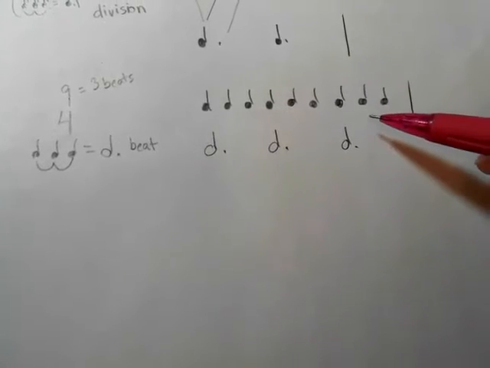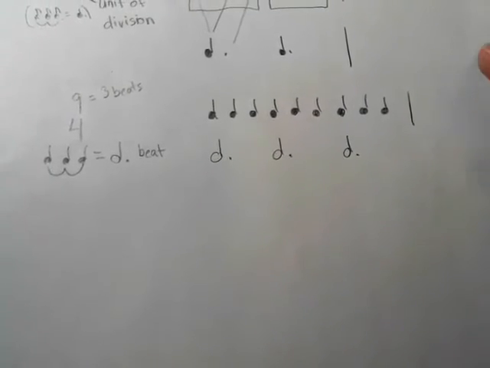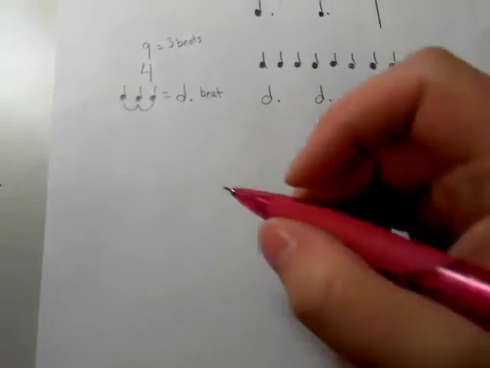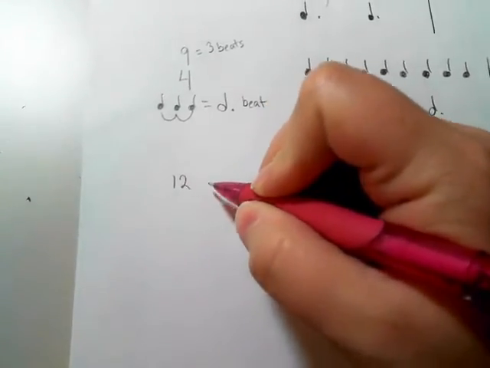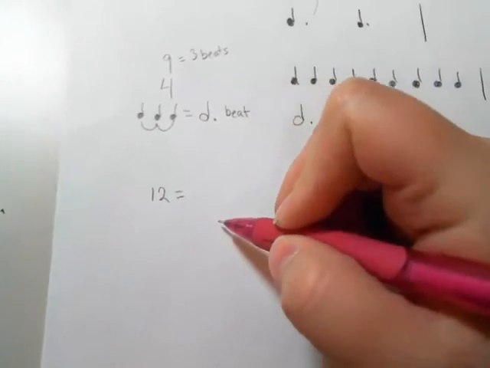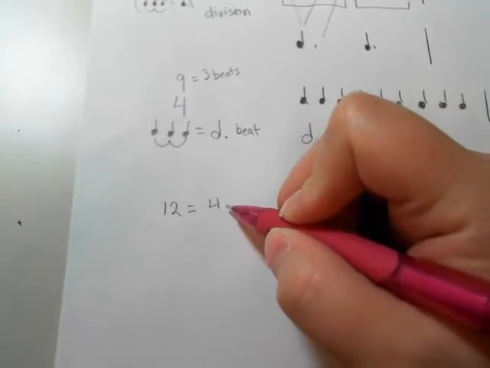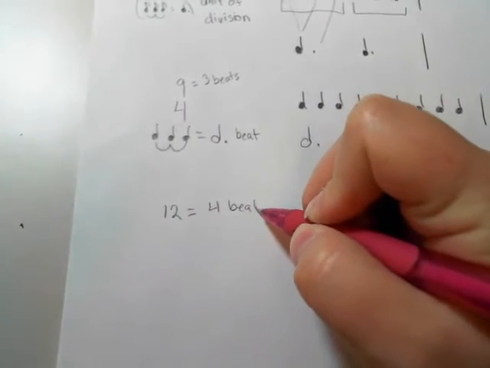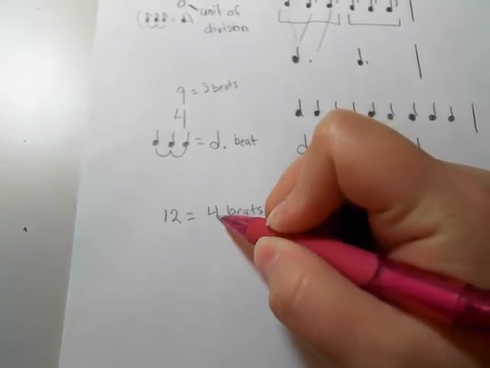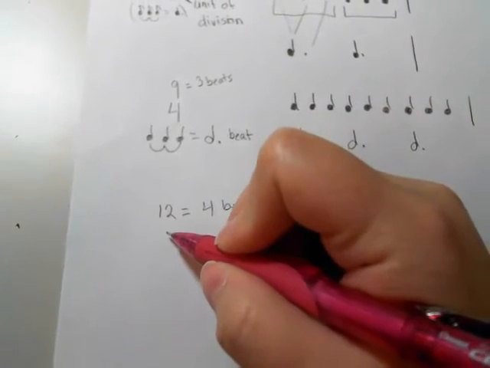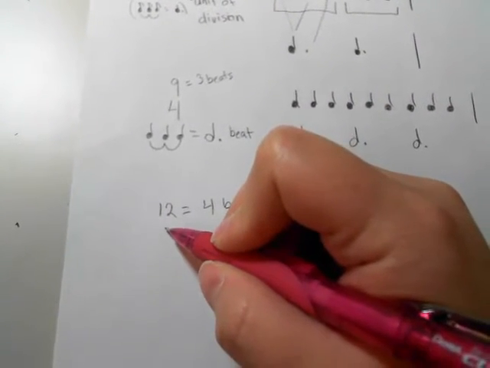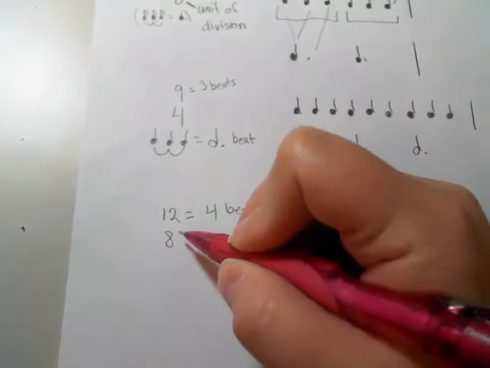This is a triple meter because we have 3 beats in the measure. Let's do a quadruple meter. For a quadruple meter, we're always going to have 12 as the top number here because if we divide that by 3, we get 4. 4 beats in each measure. Let's make the bottom number 8 again.